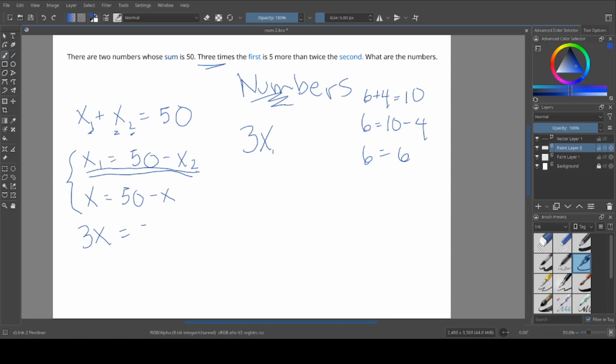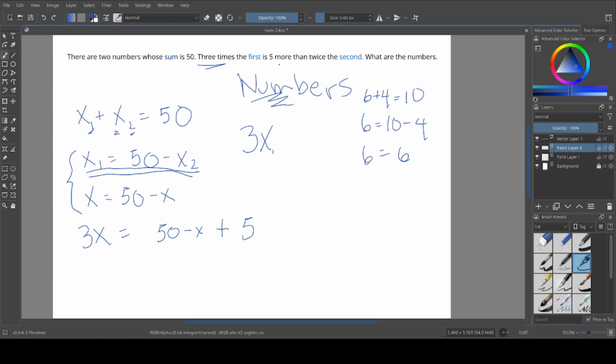I should bring it over. I'm going to erase that. I'm going to bring it over a little bit. I'm going to say 50, because I'm going to give myself a lot. It's 50 is equal to minus x. Then it says 5 more than a second. So I'm going to add 5 to this. There's my 5.